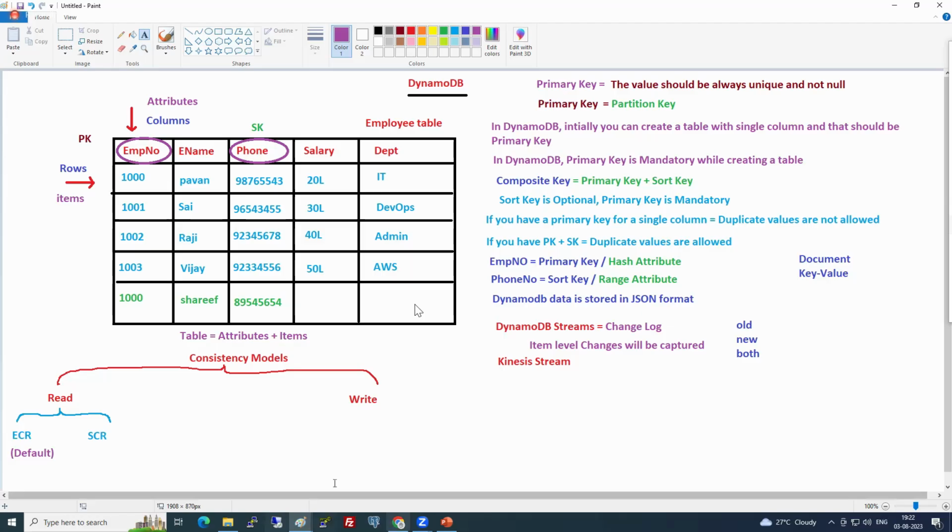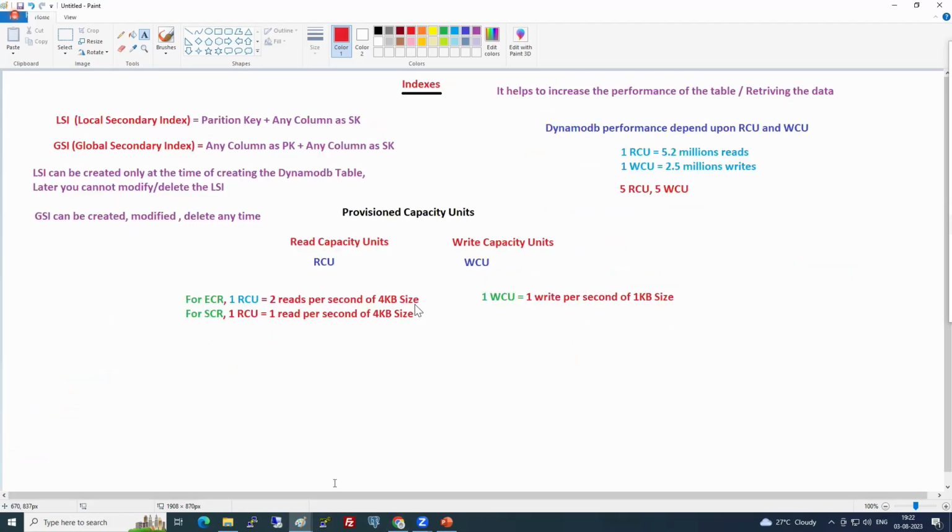And the second one. Please go through these couple of slides, just 5 minutes, have a look. And tomorrow we'll continue with the provisioned capacity units, how we do RCUs and WCUs on DynamoDB.